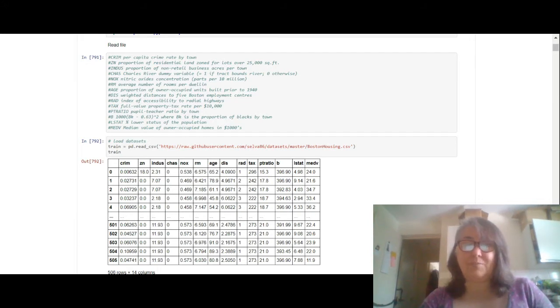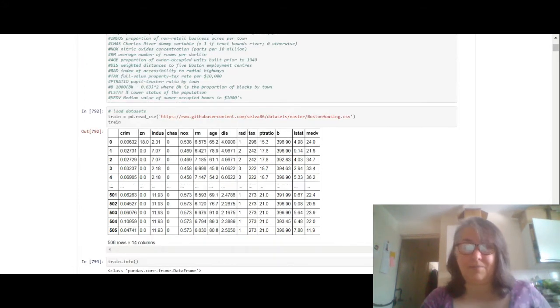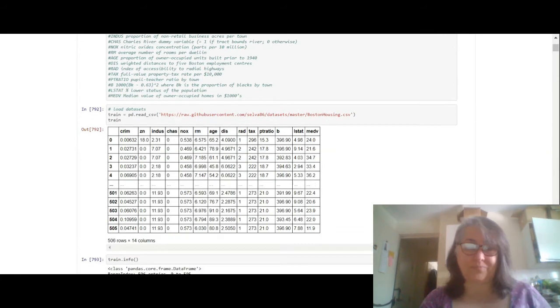So they had a column for blacks and they had a column for lower status. And I'm amazed Black Lives Matter hasn't gotten hold of this data set and demanded that that column be removed. But so far, nobody's removed the column.